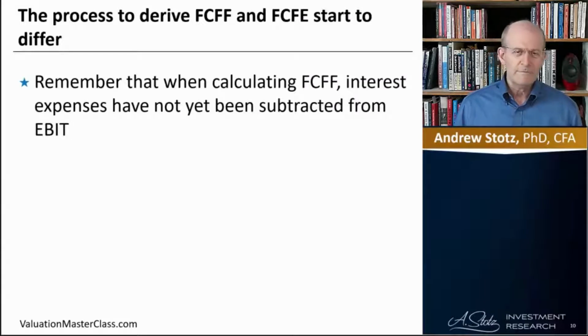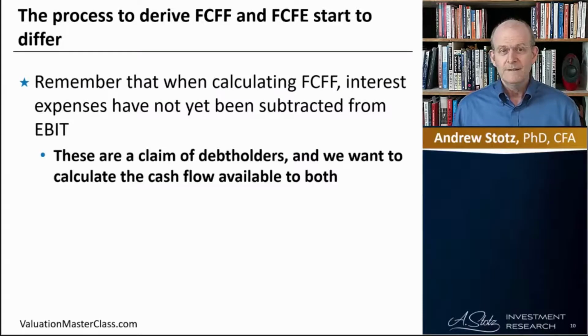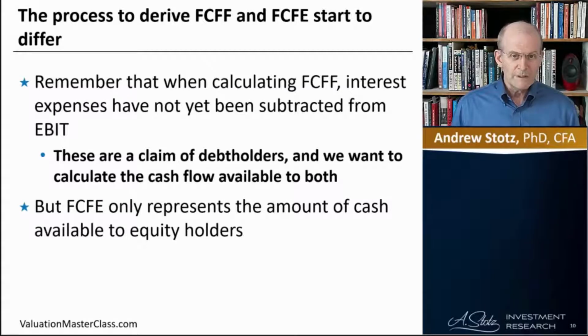Remember that when calculating free cash flow to the firm, interest expenses have not yet been subtracted from EBIT. These are a claim to debt holders and we want to calculate the cash flow available to both. But free cash flow to equity, on the other hand, only represents the amount of cash available to equity holders.